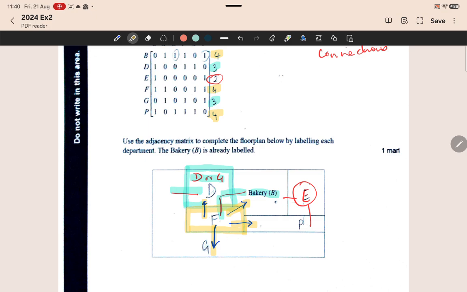Okay, so this could have been F or P. So I placed F or P in that location, and then I moved on to the other location that I hadn't yet looked at, which was P. I saw that it had 1, 2, 3, and 4.